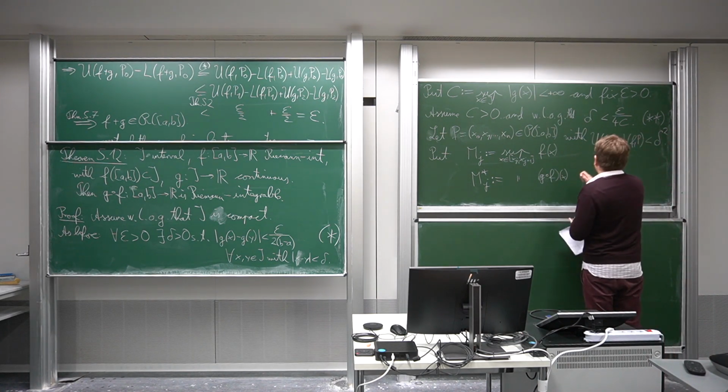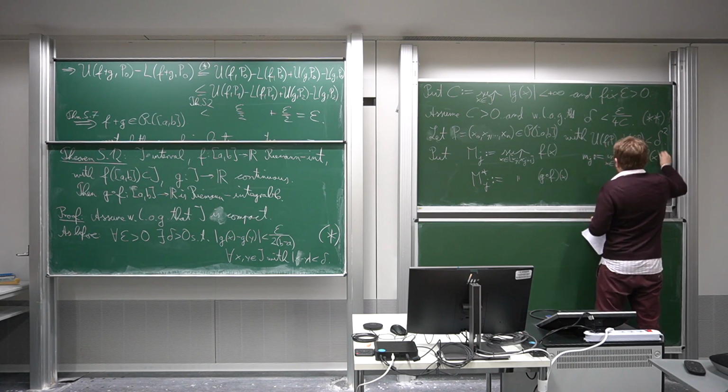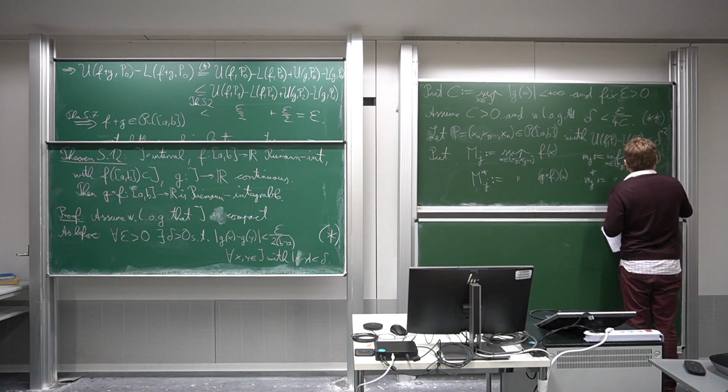The same I want to do for the infima. Small mj should denote the infimum of f of x over x between xj and xj plus 1, and small mj star is then the infimum of g composed with f of x.